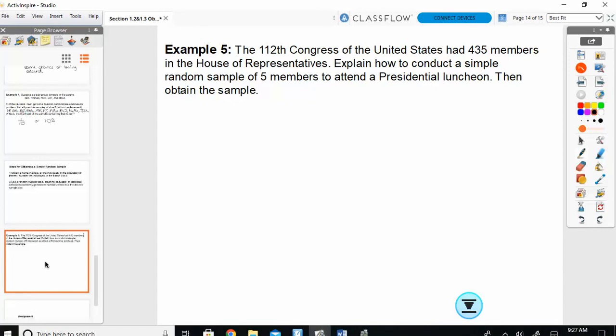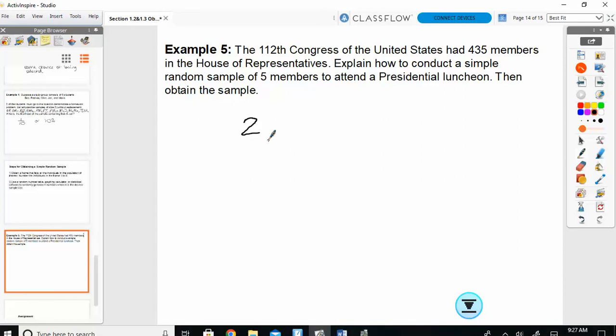So if I have 435 members and I want to get a sample, how would I do that? We would assign each person a number. And so first, we need to enter a seed. Let's all do the same seed this time. What seed do you want to use? Okay, we'll just go with 2.